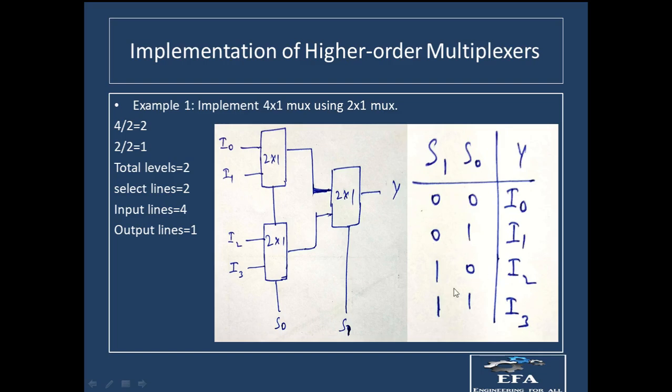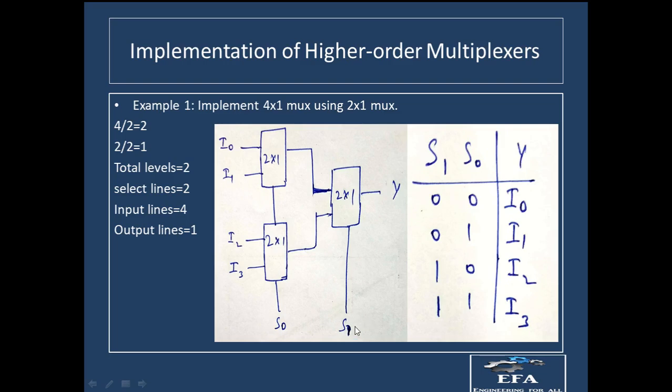Next, we are having S1 equal to 1 and S0 equal to 0. So this 0 will come at this position and 1 will come at this position. When we are having 0 at this position, again the first inputs to the multiplexers will pass through these muxes. So when S0 equal to 0, this I0 will pass through the multiplexer and this I2 will pass through the multiplexer.